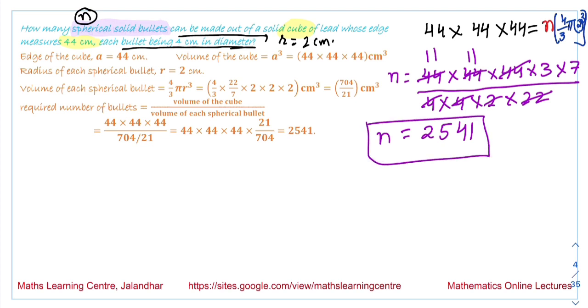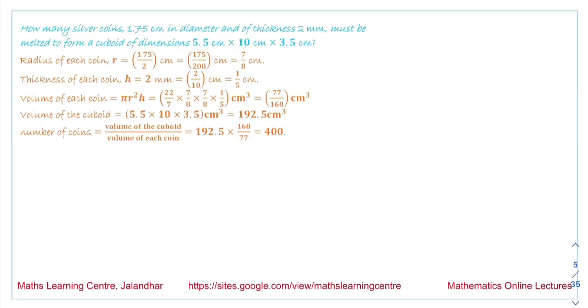2541. Next is, how many silver coins 1.75 centimeter in diameter and thickness 2 mm must be melted to form a cuboid of dimensions these. These are the dimensions of the cuboid that are given.